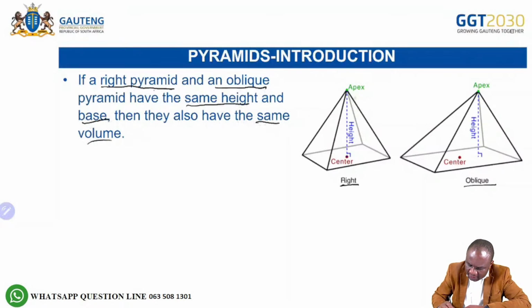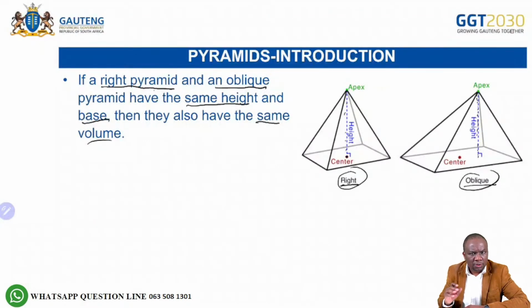The right pyramid, if you draw the height from the apex, it will go straight to the center of the base. But the oblique one, if you draw the height, it is off the center of the base. That's an oblique one. But in our syllabus, we're doing right pyramids, right cones, right cylinders. We don't do the oblique ones, but it's good to know about them.